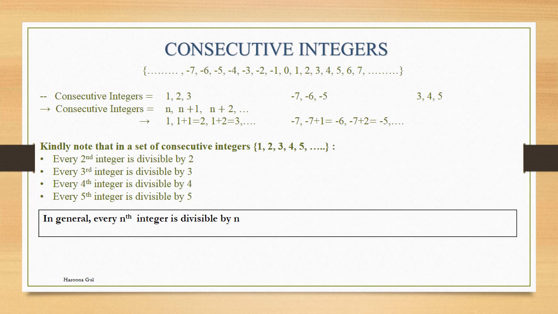Every third integer is divisible by 3. Every fourth integer is divisible by 4. And every fifth integer is divisible by 5. In general, every nth integer is divisible by n. You can understand it by replacing n with integers.